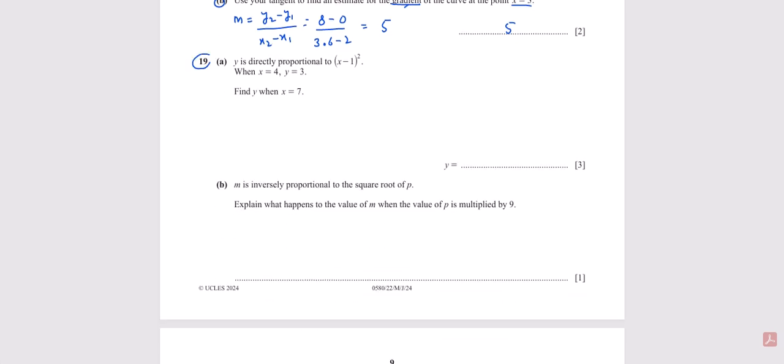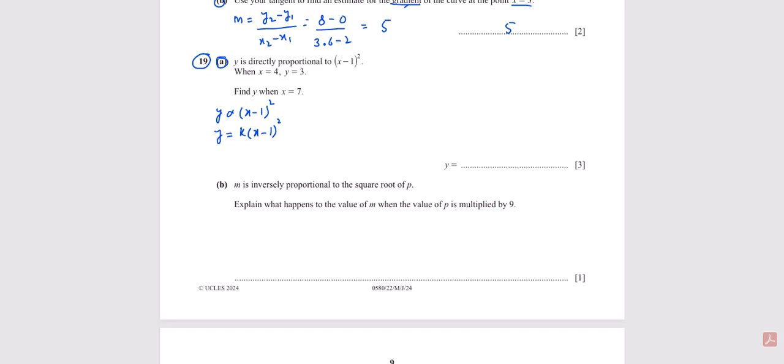Question number 19. Part A. Y is directly proportional to x minus 1 whole square. So y is equal to k into x minus 1 whole square.